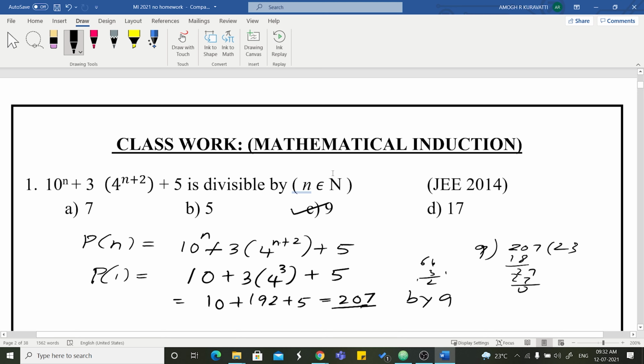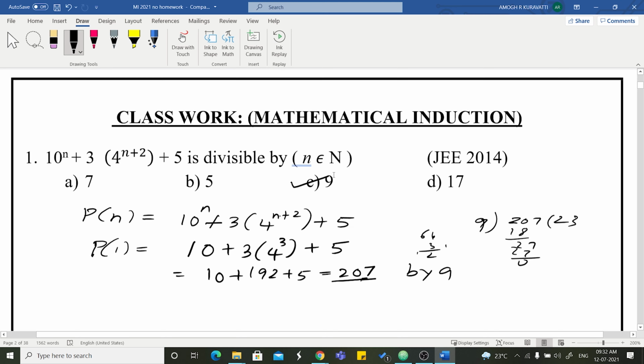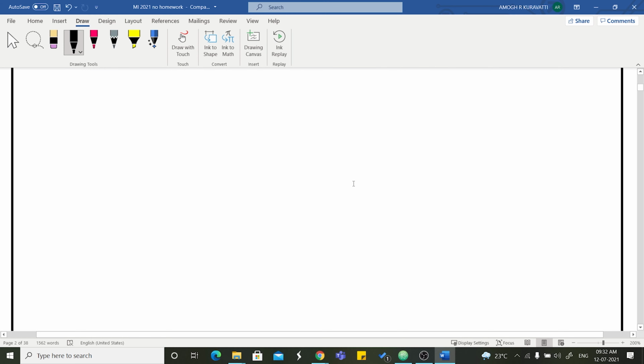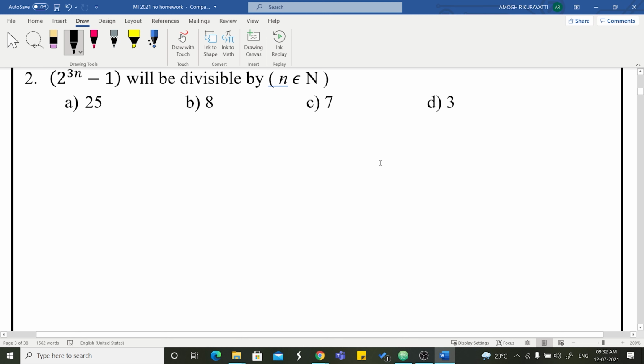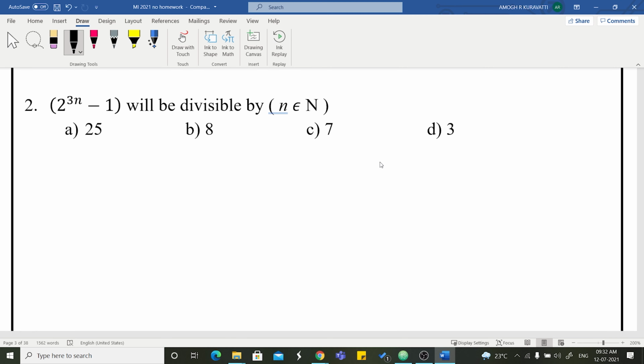Go for the next one. Look here. 2 power 3n minus 1 will be divisible by, again the same concept.